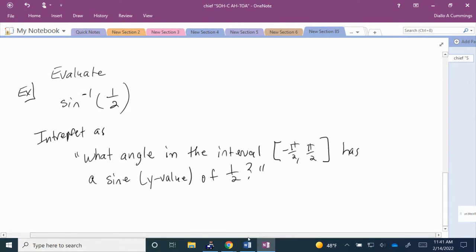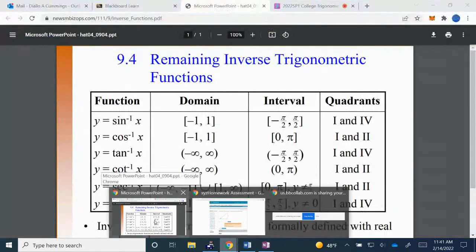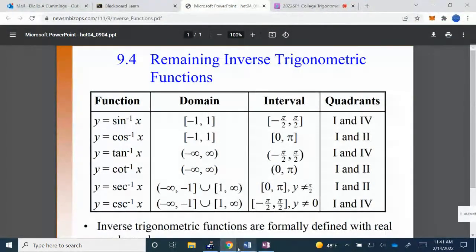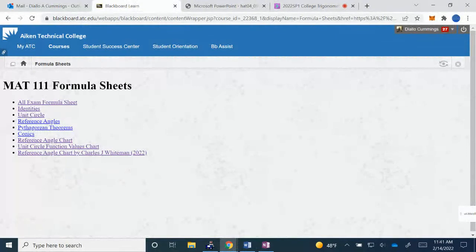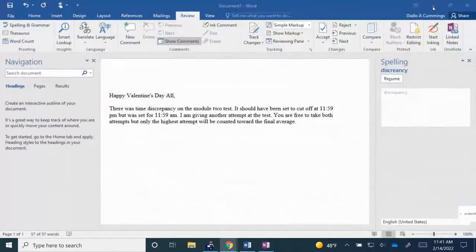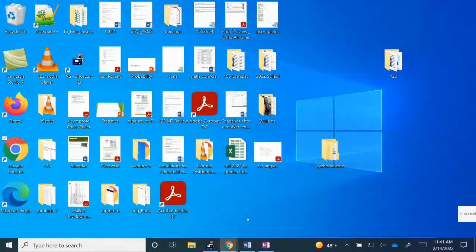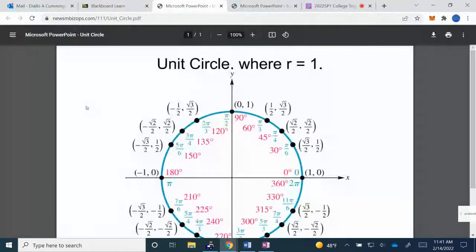Now I'm just going to pull up the unit circle. What did I do with the unit circle? I must have closed it down.